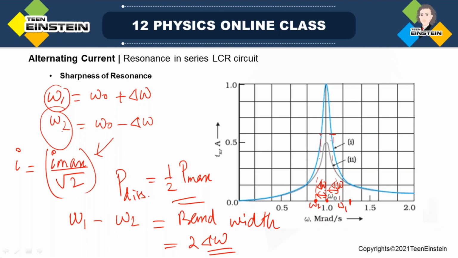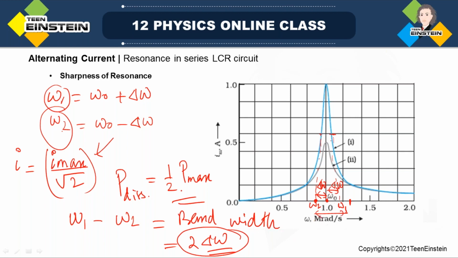We may be able to hear the same radio station, which we hear clearly at the resonance condition, in between this range 2 delta omega, the broadcast by that particular radio station.